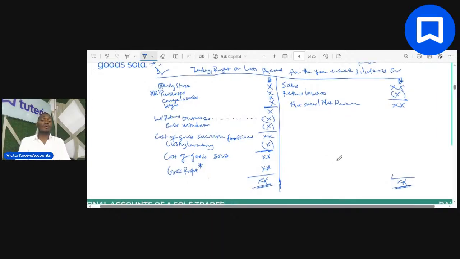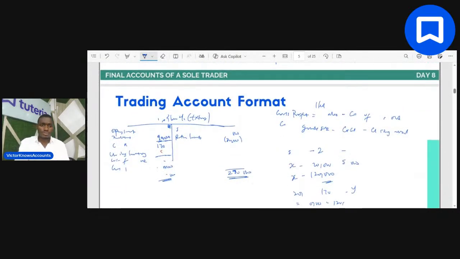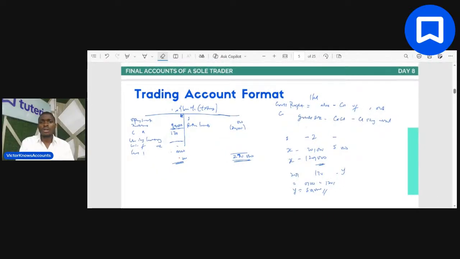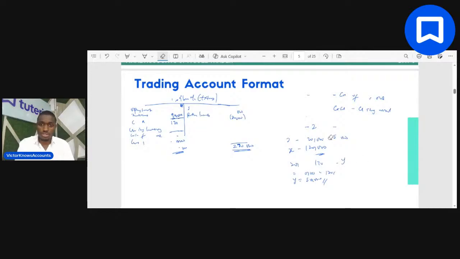So this is the format for your trading profit or loss account. Now, there's a question here. So this is a specimen question from last year's exam.